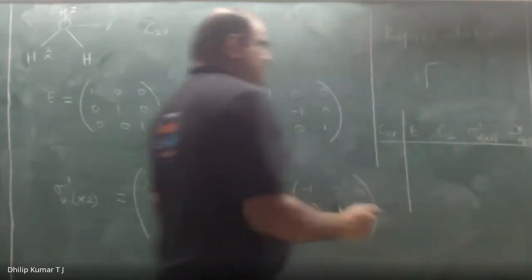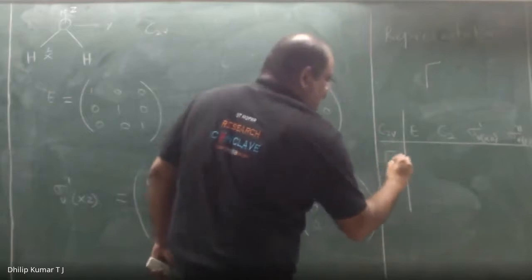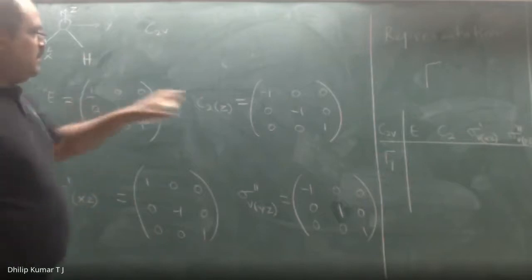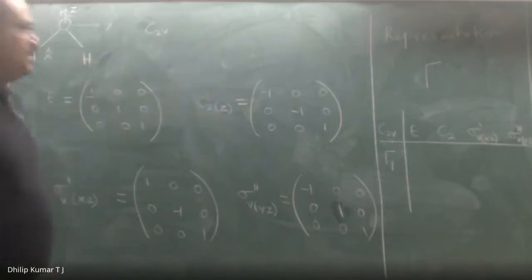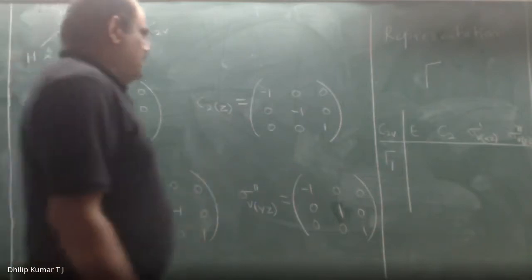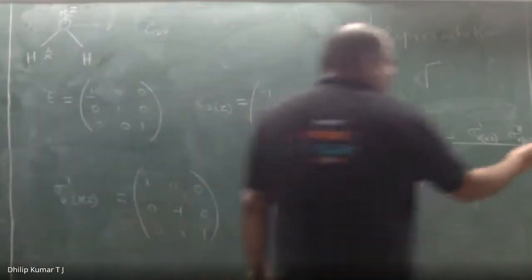Then I write the various gammas. Let's say gamma 1. I choose the first row of every element. So this is 1 for E, 1 for C2, 1 for sigma v prime, and 1 for sigma v double prime, which is yz.